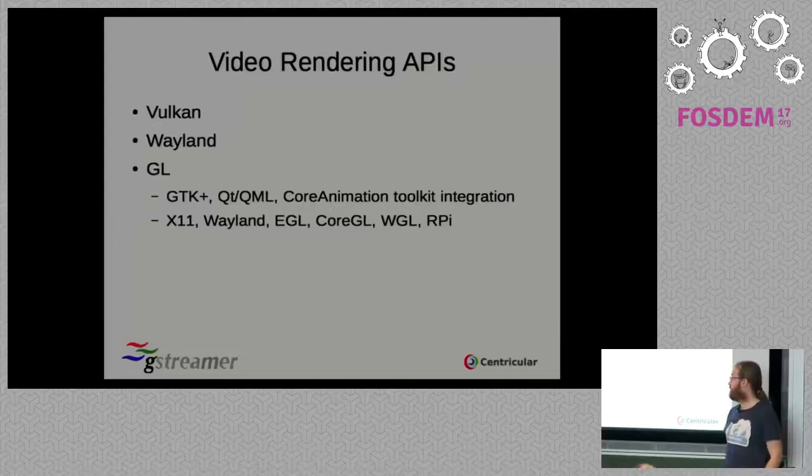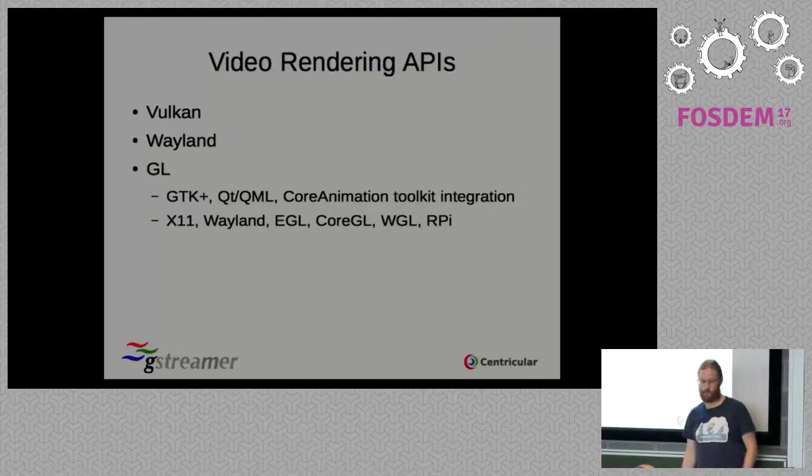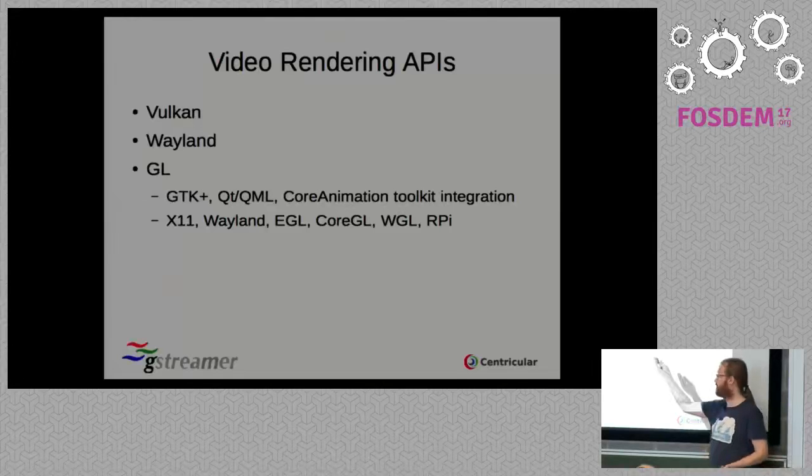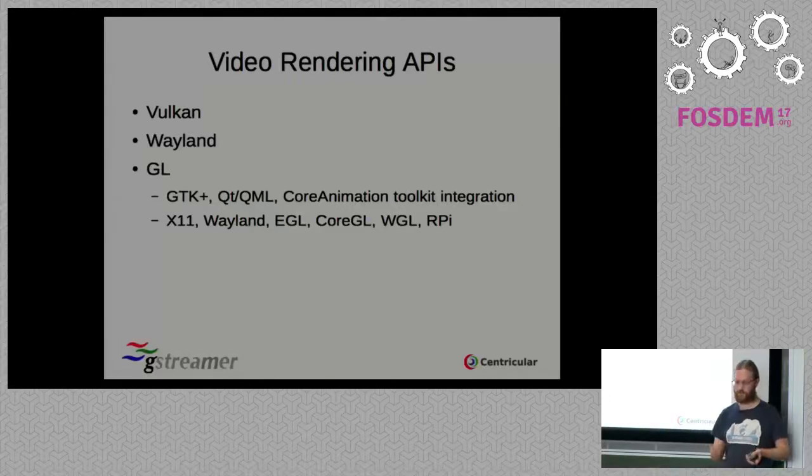And for application development, what is very nice is we now have a few plugins that allow integration into UI toolkits like GTK, Qt, QML, and Core Animation, and it makes it really easy for applications to integrate the video. Before, you had to do all kinds of dances with raw video window handles and hope that somehow it works.